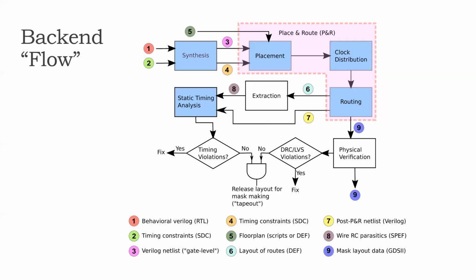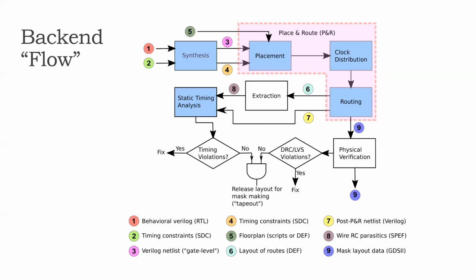And from the .lib, the placement tool will also know the functionality of each cell. Now, in principle, the placement tool does not need to know about the functionality. It just needs to know which cell is connected to which other cell, without bothering whether it's an AND gate or an OR gate. It just has to place them in a way that reduces the total length of nets and optimizes timing.